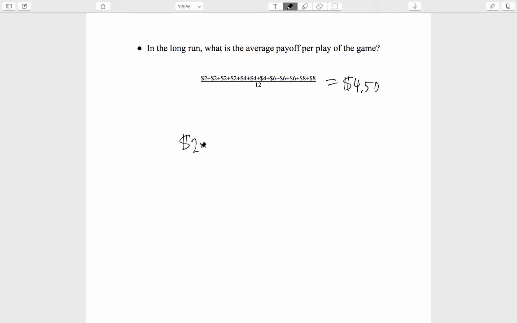So in particular, $2 times 4, plus $4 times 3, plus $6 times 3, plus $8 times 2, all divided by 12. So that equals $4.50. We'll have further use for this idea of grouping like terms in this way.